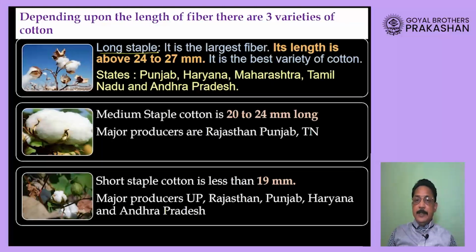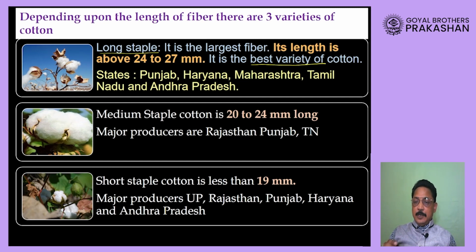The length of the fiber in long staple cotton is 24 to 27 millimeter, that means 2.4 centimeter to 2.7 centimeter, and it is the best variety of cotton grown in India, which grows in Punjab, Haryana, Maharashtra, Tamil Nadu, as well as the state of Andhra Pradesh.